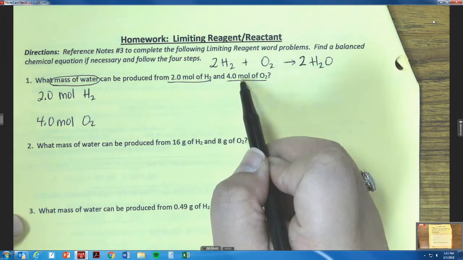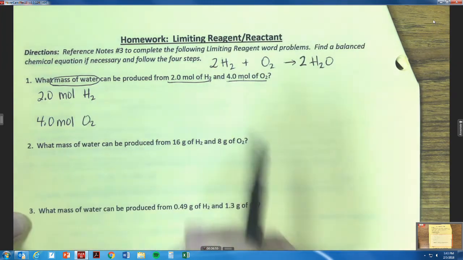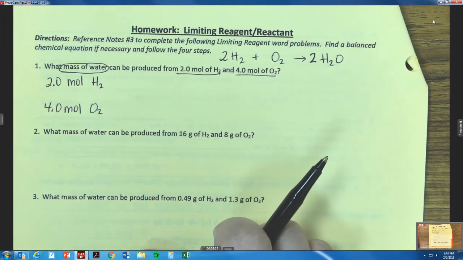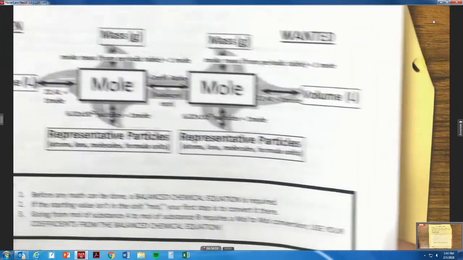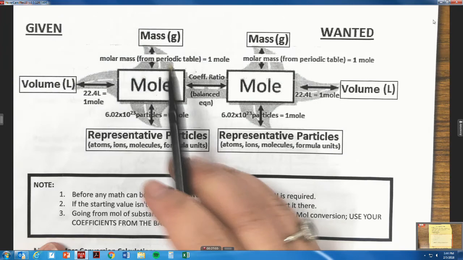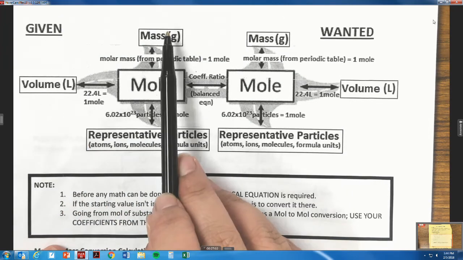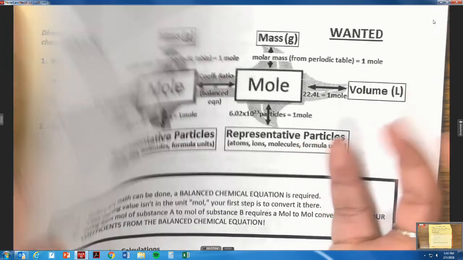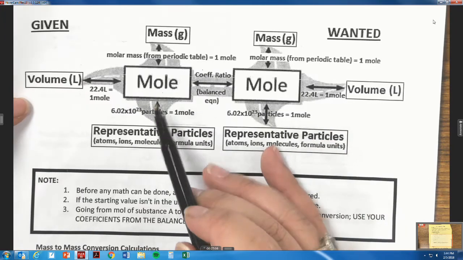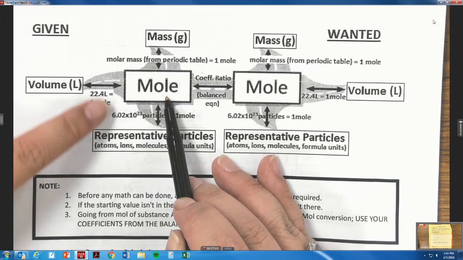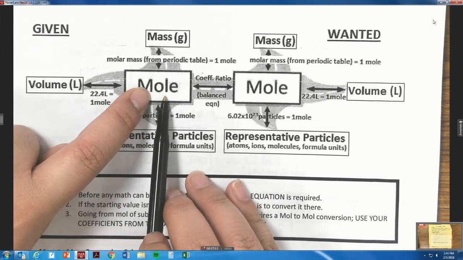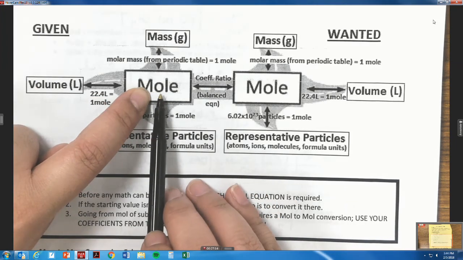Since we're converting from moles to mass of water, if we take a look at our mole map again, we're given moles of hydrogen and moles of oxygen, and we've been asked to look for the mass of water.